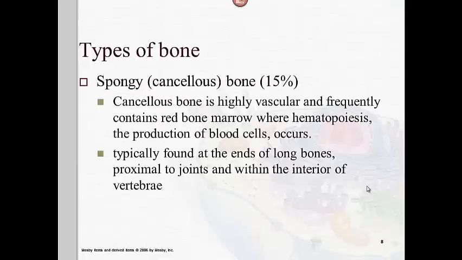Then we have the spongy bones, which are also called trabecular or cancellous bone. These are highly vascular and frequently contain the red bone marrow where hematopoiesis takes place. The filling interior of the bone is the trabecular tissue. It has an open porous network, also called cancellous or spongy, which is composed of a network of rod and plate-like elements that make the overall organ lighter and allow room for blood vessels and marrow.